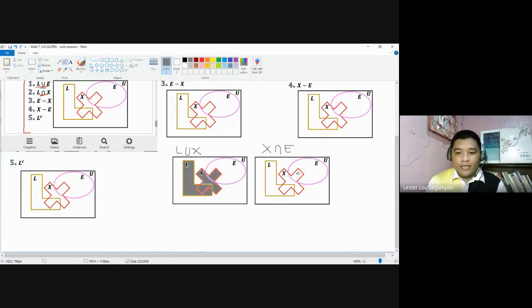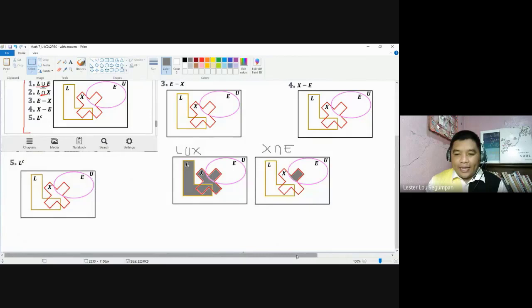This region here is part of the red colored X figure and also the region of the pink colored ellipse or oval figure.